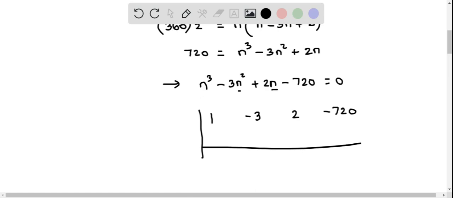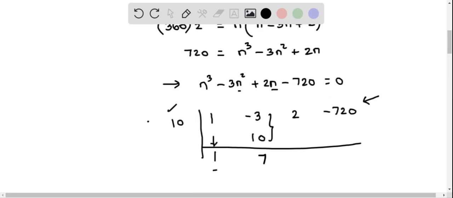Now we can try out some random numbers. Since this constant is a little bit huge, I'm going to try with positive 10. So I put positive 10 here, and I drop this 1 over here, and then multiply 10 with 1, which is 10. I put this 10 over here. Now we add these two: 10 minus 3 is positive 7.